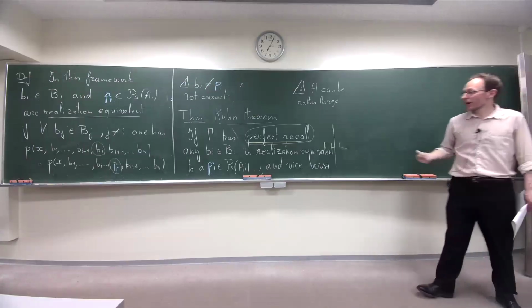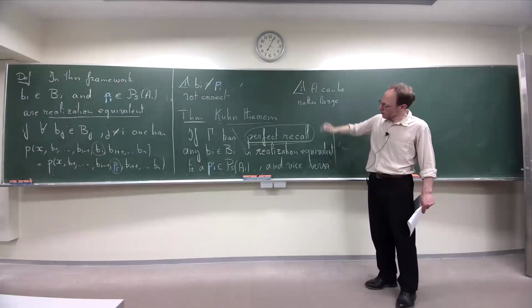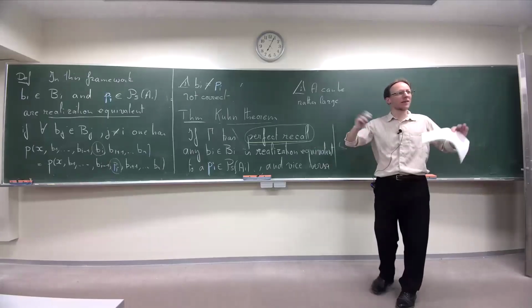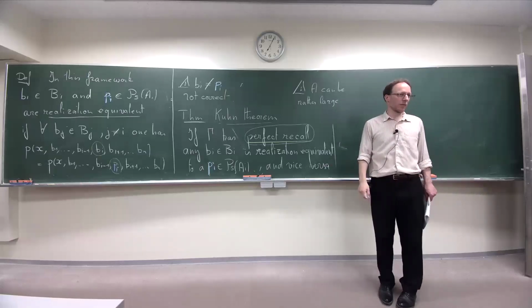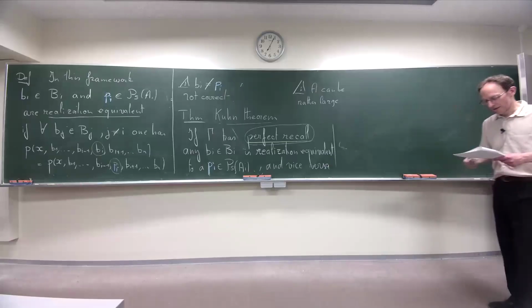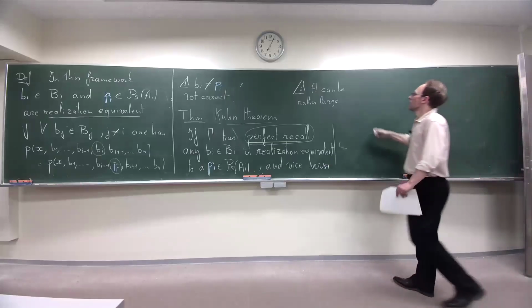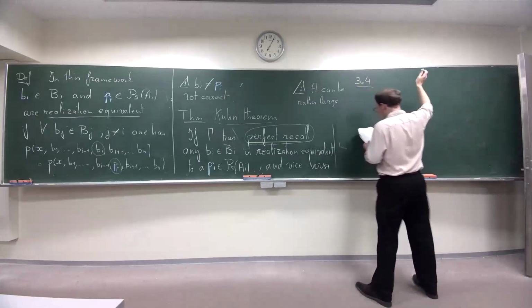And then, if it does not satisfy this, if you look at all behavior strategies and all mixed strategies, you cannot do this one-to-one correspondence. So there are a few exercises about this. Okay, that's all for this section.